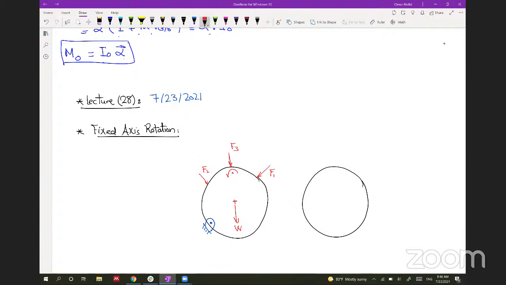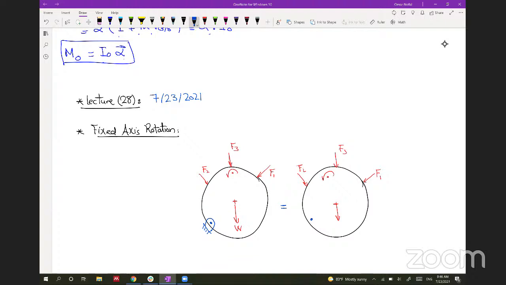So we have F3, F1, F2, and a moment, and a weight, but we are missing the forces at the pin here, because this pin has some reactions. It restrains the motion in the x and y direction, or in the tangent and normal direction. So there is some reaction at this pin.